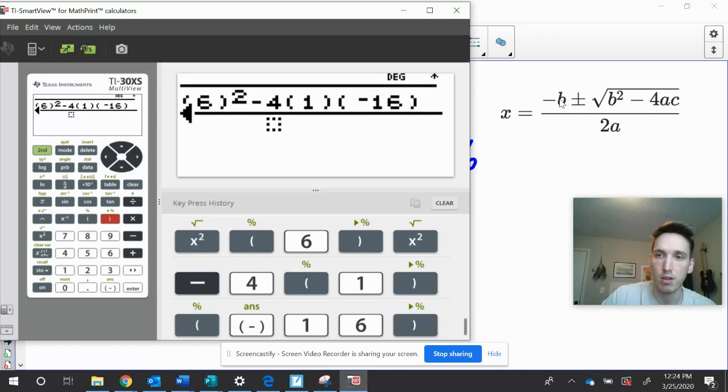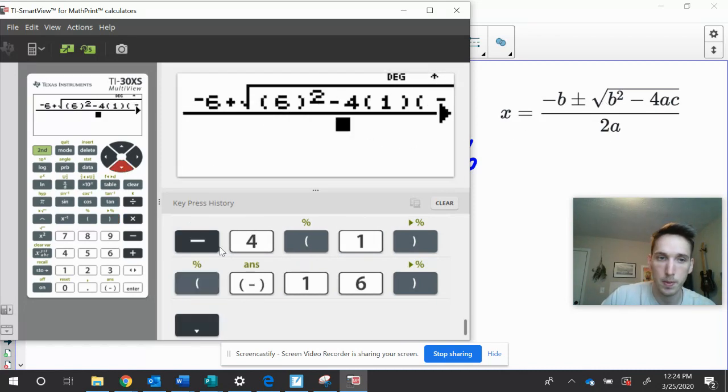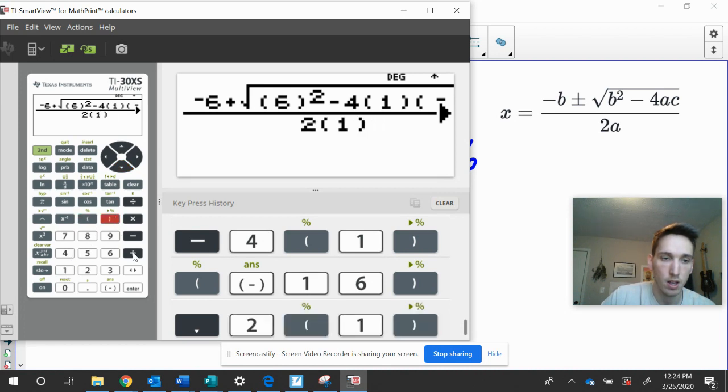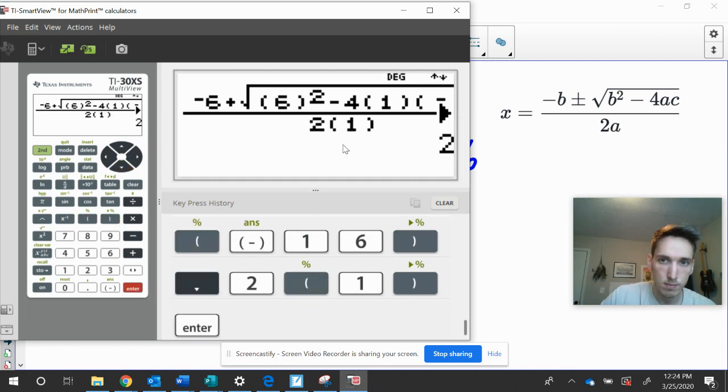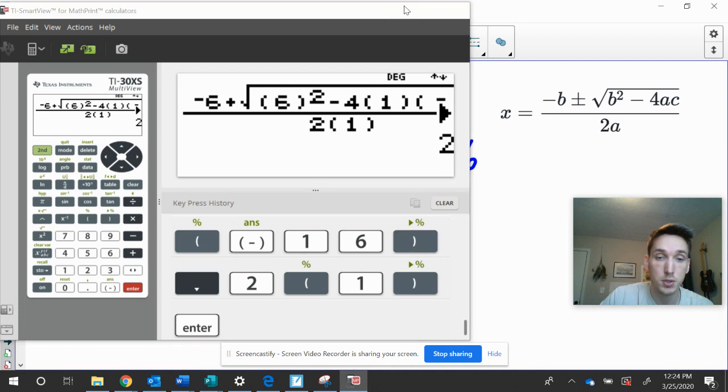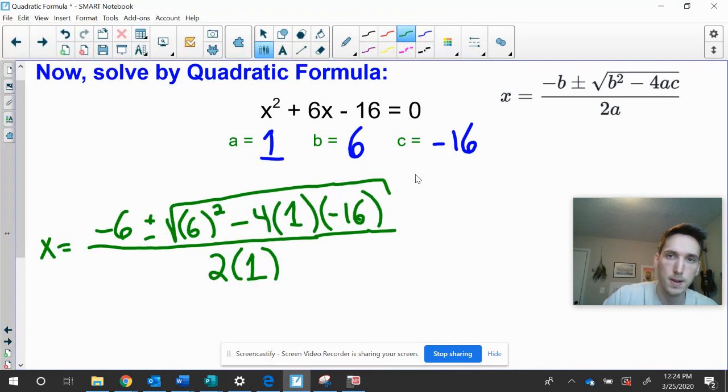So we've got the top part, and then all over 2 times a, which was 1. Let's see what we get. We get 2. Remember, that was one of our solutions, right? So we're already off to a good start, right? So one of my solutions is x equals 2.